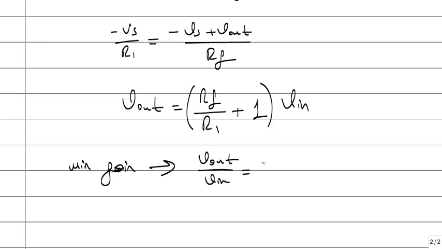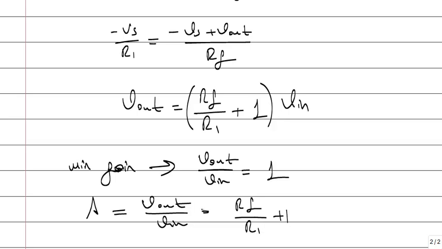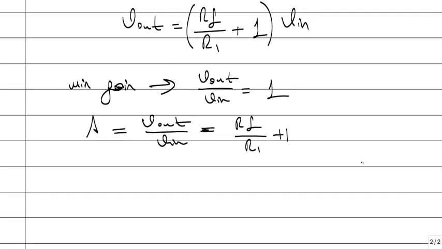So minimum gain will be 1. If this is 0, 0 plus 1 is 1. So if you increase RF, it increases. Okay, it can go very high values, and it's always A is V out divided by V in, which is equal to RF divided by R1 plus 1. Okay, so it's always positive.